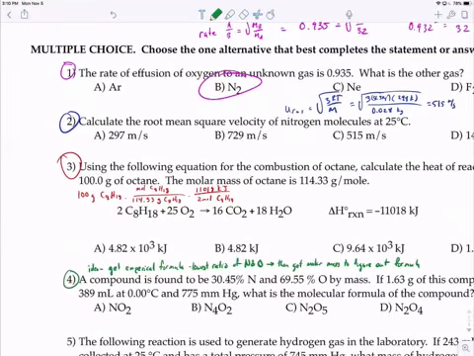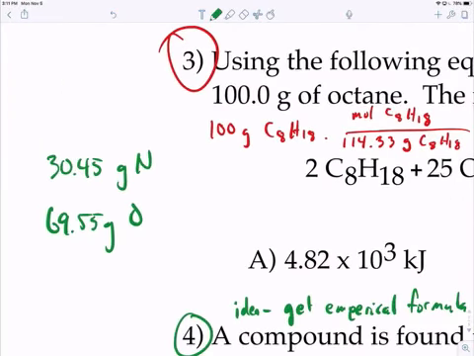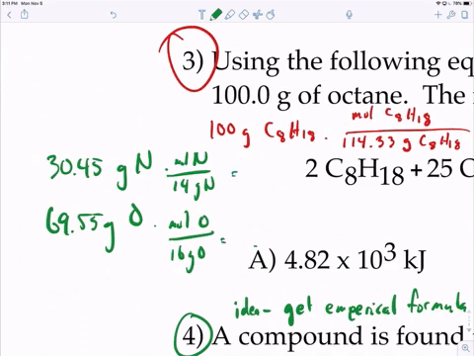So we have 30.45 grams nitrogen, 69.55 grams oxygen. So percents, you can just turn them into a mass by multiplying by 100. Moles N per 14 grams nitrogen, moles oxygen per 16 grams oxygen. 30.45 I do have to calculate out.